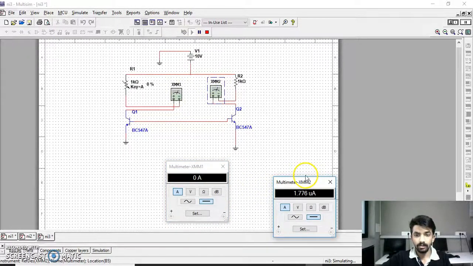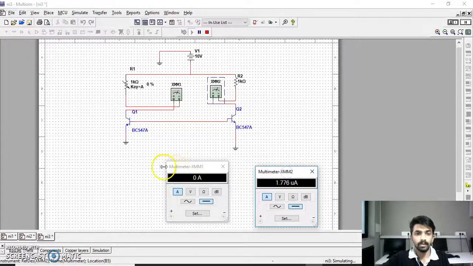I am measuring the current across the first transistor and the second transistor. If I change this variable resistance, first of all both are similar because a small amount of current is present, so we can consider it as 0 also.